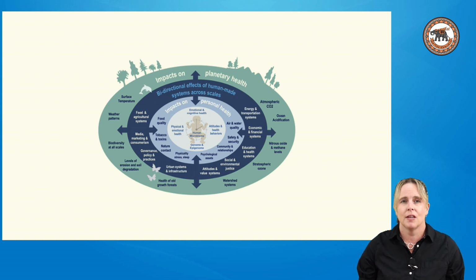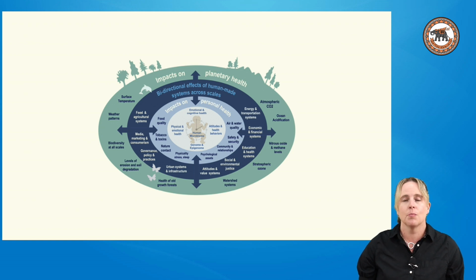So changing the surface temperature, losing forests and old forests, changing the water systems, having more acid in the ocean, changing weather patterns. Those are all related to human actions and human behaviors.